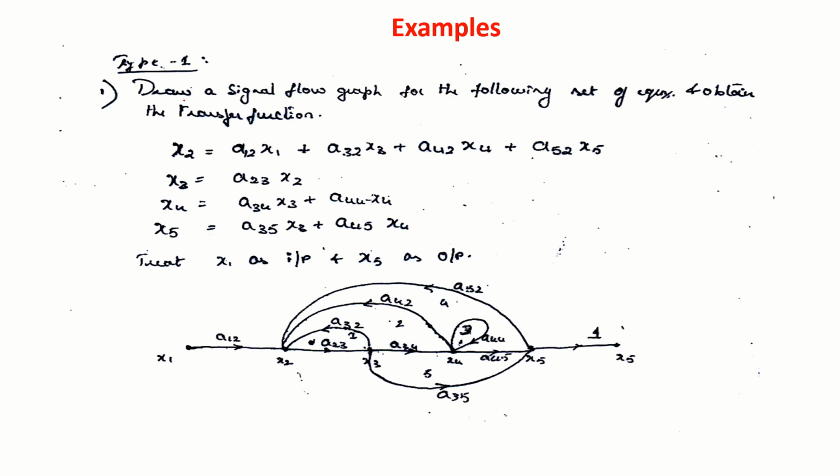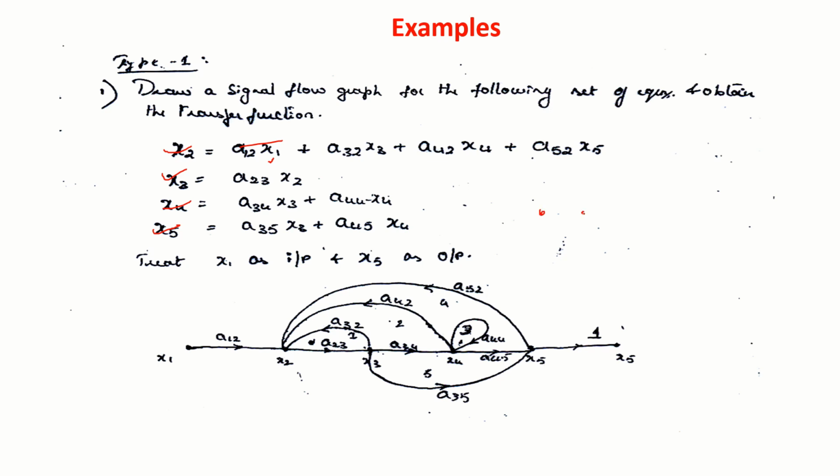So now the example is this. Draw a signal flow graph for the following set of equations and obtain the transfer function. They are given as four equations. You can clearly see how many signals there are: x1, x2, x3, x4, x5. There are 5 signals, so there should be 5 nodes.